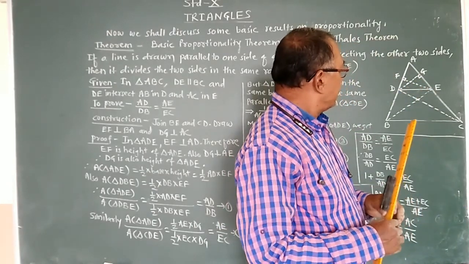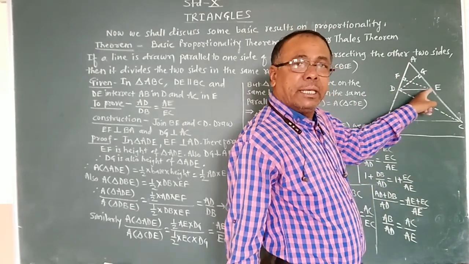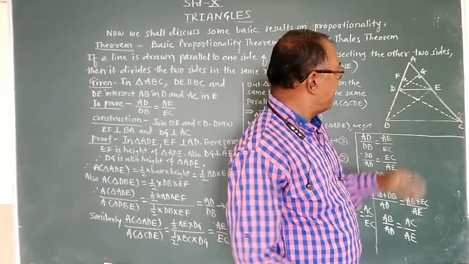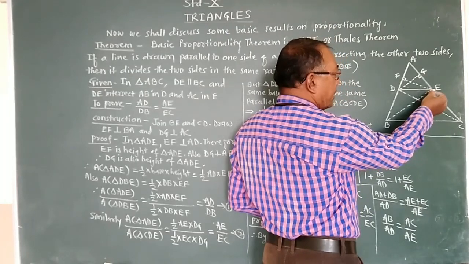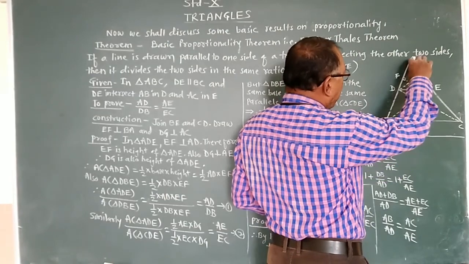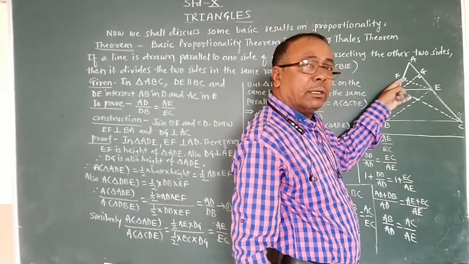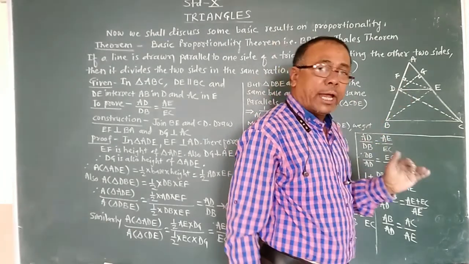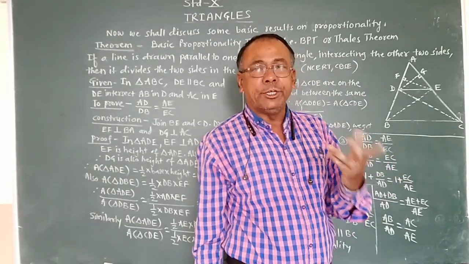Here, if we consider the triangle ADE, in this figure we have drawn the perpendicular EF. So AD is the base and EF is the height of the triangle ADE. Understand? We know that the area of a triangle is equal to 1/2 base into height.